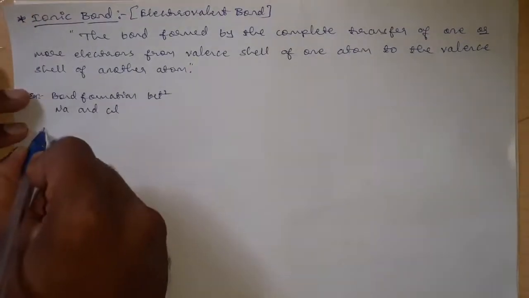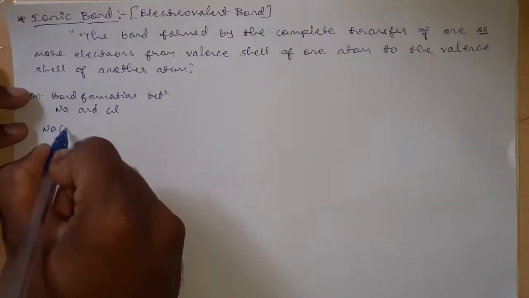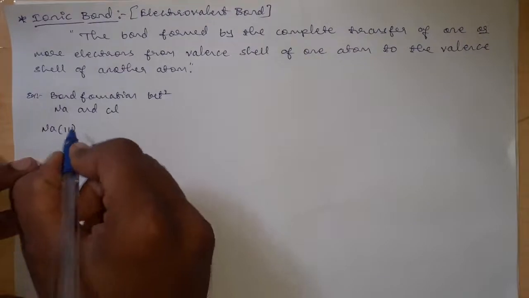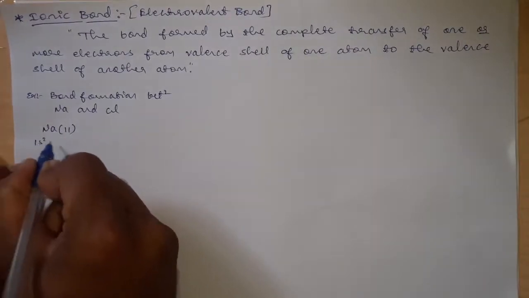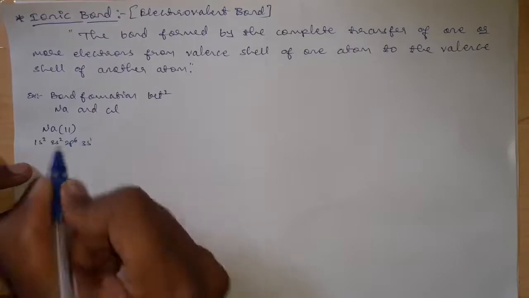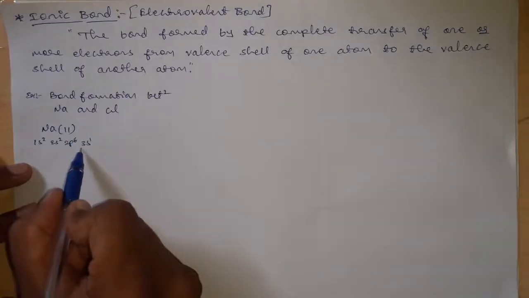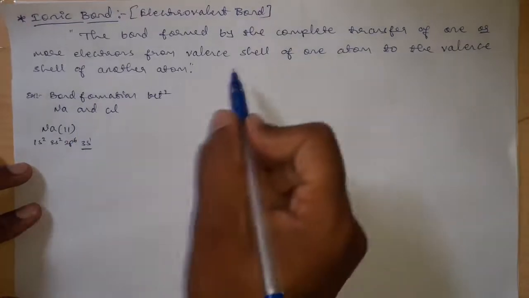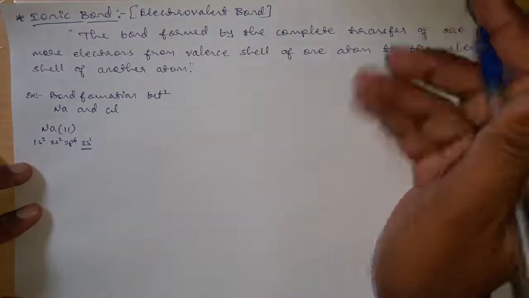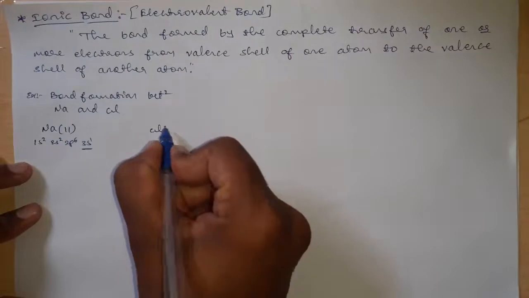See here, sodium has an atomic number of 11, and here I am writing its electronic configuration: 1s2, 2s2, 2p6, 3s1, and this 3s1 becomes the valence shell. Valence shell means what? Last shell or the last orbit. And here I am writing for chlorine.